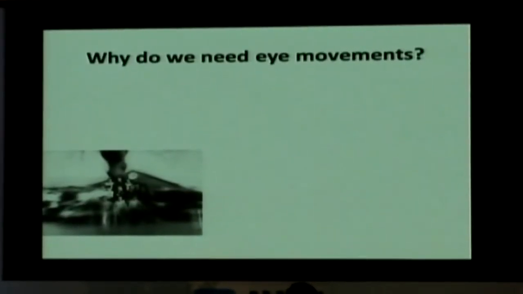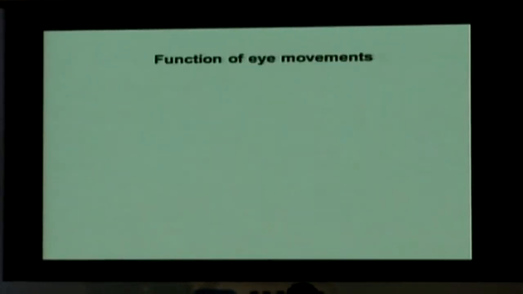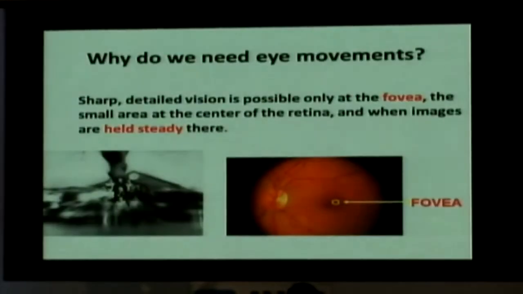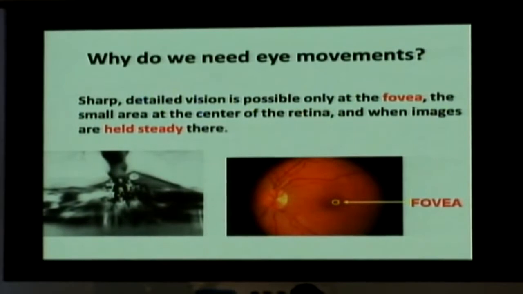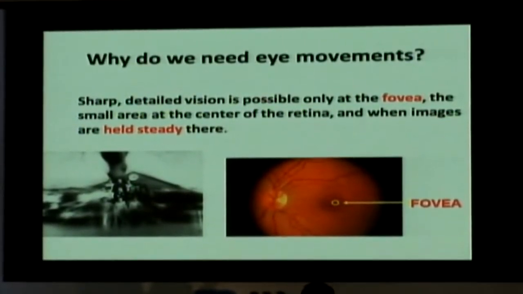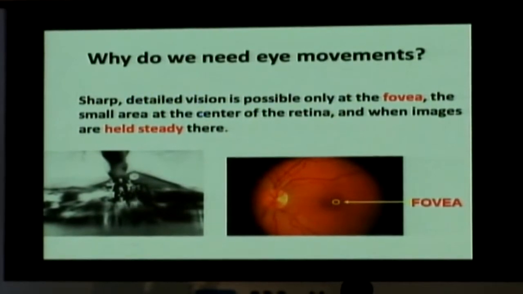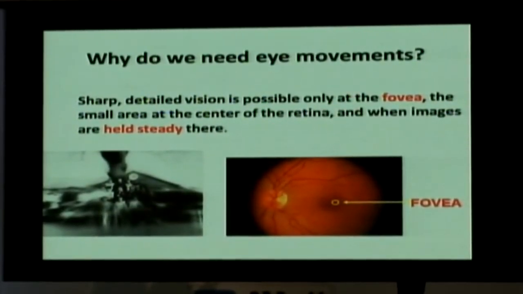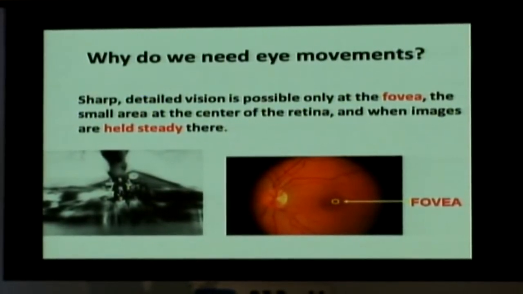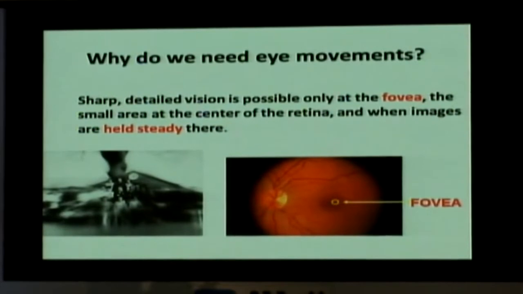So why do we need eye movements? We have sharp, detailed vision only at the fovea, the center of our retina, and images to be seen and analyzed must be held at the fovea steadily. So we have eye movements that assure these visual functions.